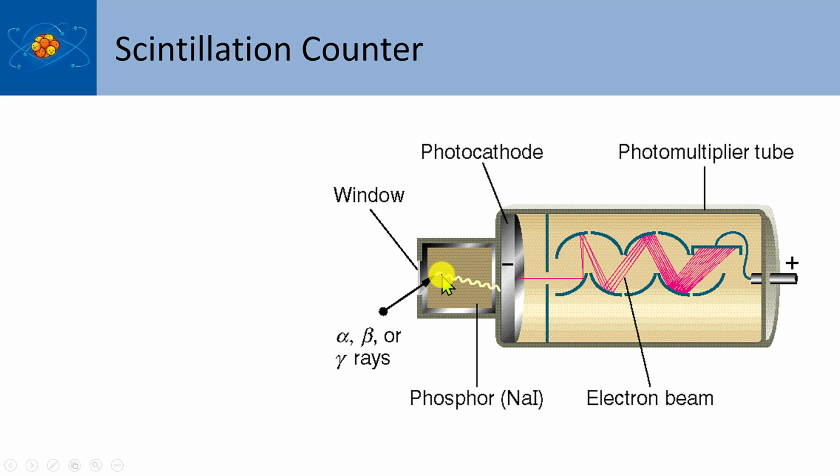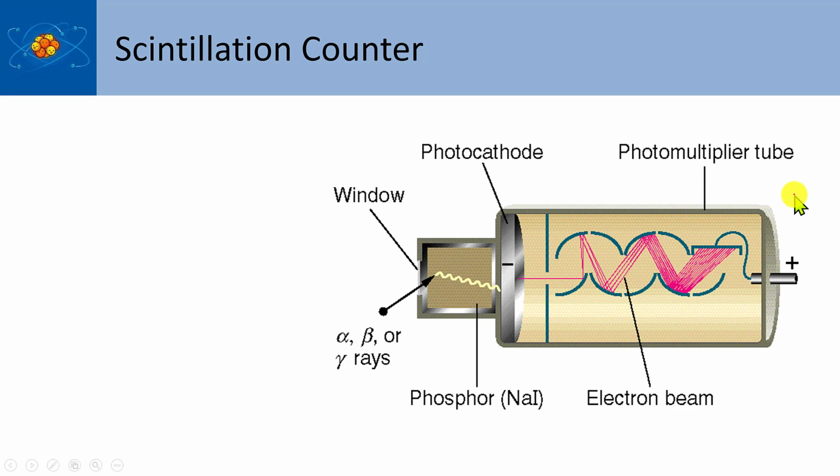So what happens then is the photons then come to what's called a photocathode, which then converts the photons that are received on this end into electrons. So in principle, what happens then is the photocathode is connected to something called a photomultiplier tube.